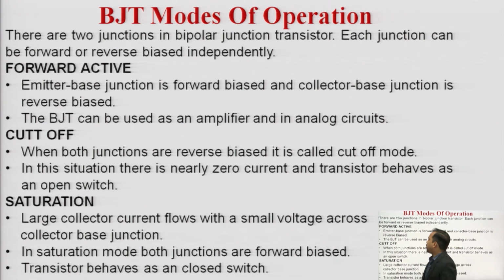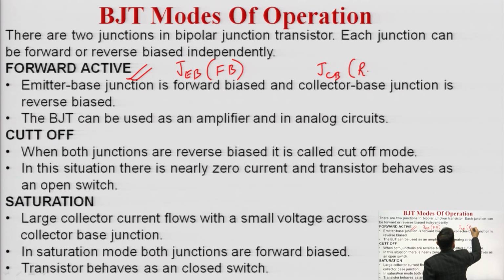The first one is the forward active mode. Why is it written as forward active? Because we have a reverse active mode also. The reverse active mode performs the reverse operation of the forward active mode. In forward active mode, the emitter base junction JEB is forward biased and the collector base junction JCB is reverse biased.